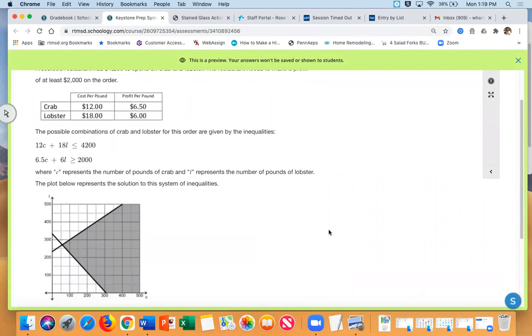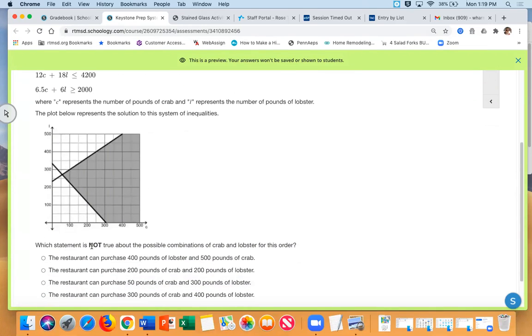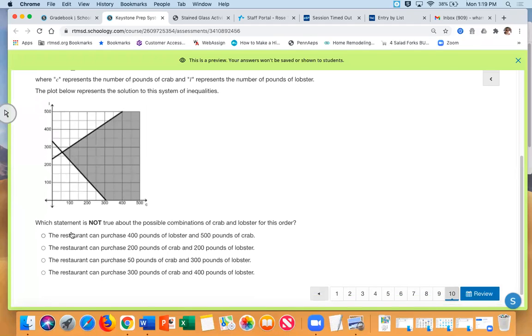Now, the key to this whole problem is reading. All right. When you read the problem, notice it says not true. Not true. So it's asking which one of these points is not in your shaded area. So the first one says the restaurant can purchase 400 pounds of lobster. So this is L, this is lobster, and this is crab.